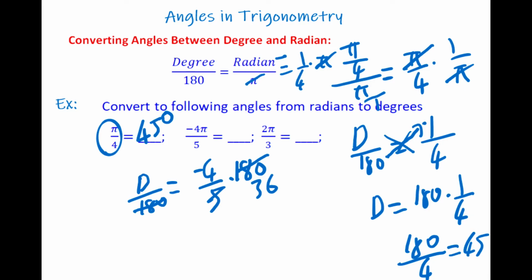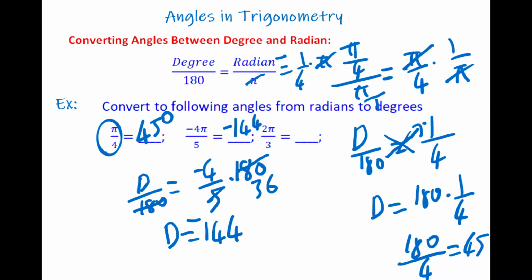So if you multiply 36 by 4, then we have 4 times 6, 24, and there is 2, 4 times 3, 12, plus 2, 14, guys. But there is also negative. So actually negative 4 pi divided by 5 is equal to negative 144 degrees, guys.